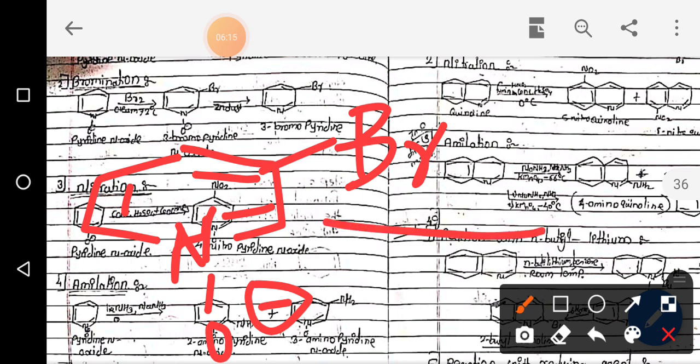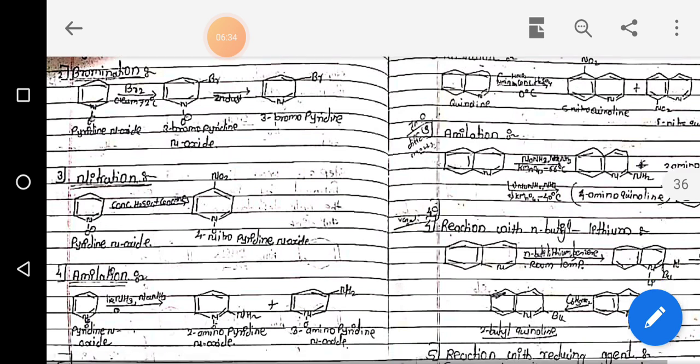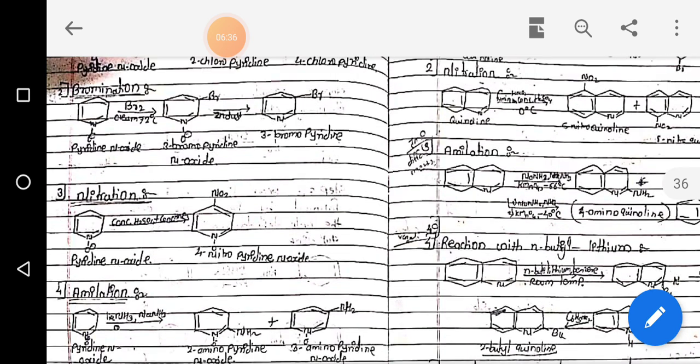If you use zinc dust, then it reduces the ring oxygen and forms the pyridine ring. This will be formed in these reactions. So this is the bromination. For the bromination, the brominating agent Br2 is used.